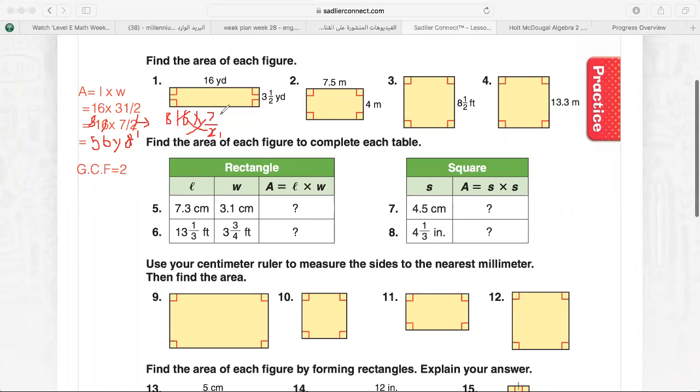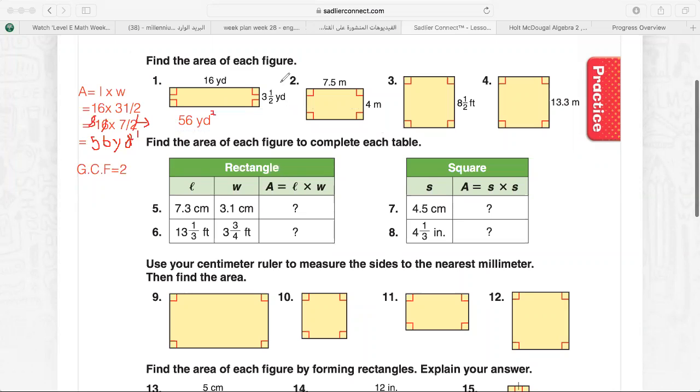So 8 multiplied by 7 is 56. So the answer here is 56 yards squared.